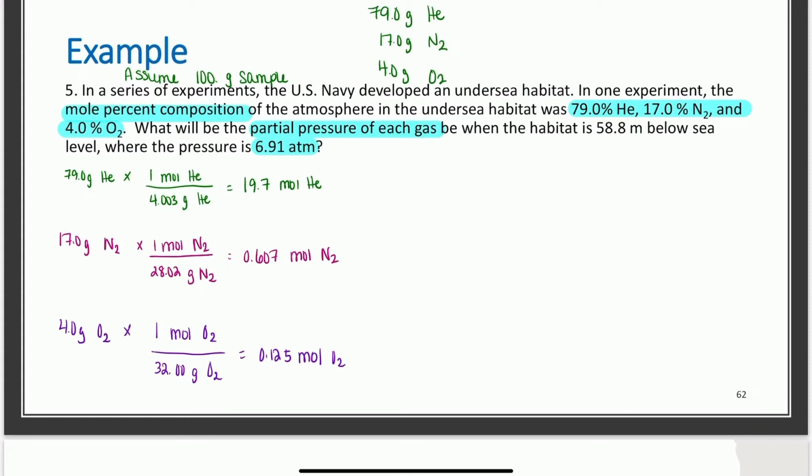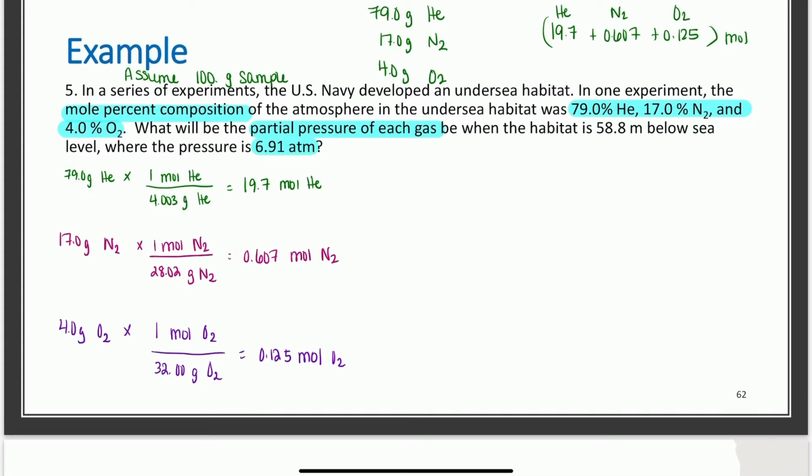Now I'm going to figure out the mole fraction of each species. First, I'm going to add up the number of moles to make it easier. 19.7 plus 0.607 plus 0.125, from helium, from nitrogen, and from oxygen.